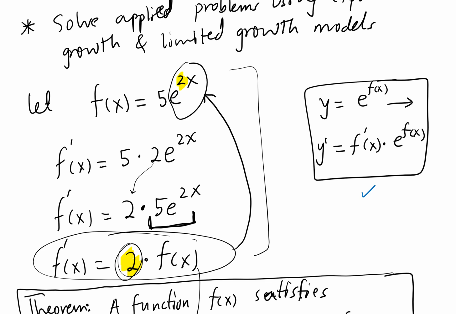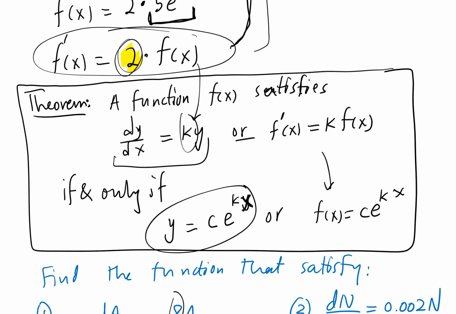Then we introduced a theorem that allows us to go backwards, from the differential equation to the function itself. So that constant in the front goes on the top. Recall this theorem: a function of x satisfies the equation dy/dx equals ky.